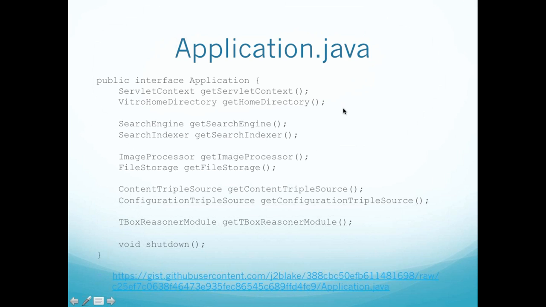The file storage system and the image processor that does the thumbnailing have been broken out as replaceable chunks of code. Both the triple store for the content data and for the configuration data have each been broken out as separate pieces of code. And just recently, the TBox reasoner that does inferences on the ontology, not on the instances themselves, has been broken out in a separate piece of code.